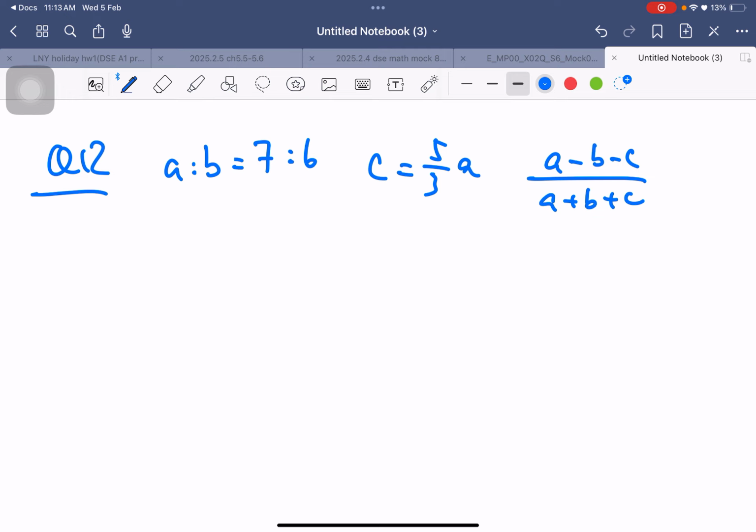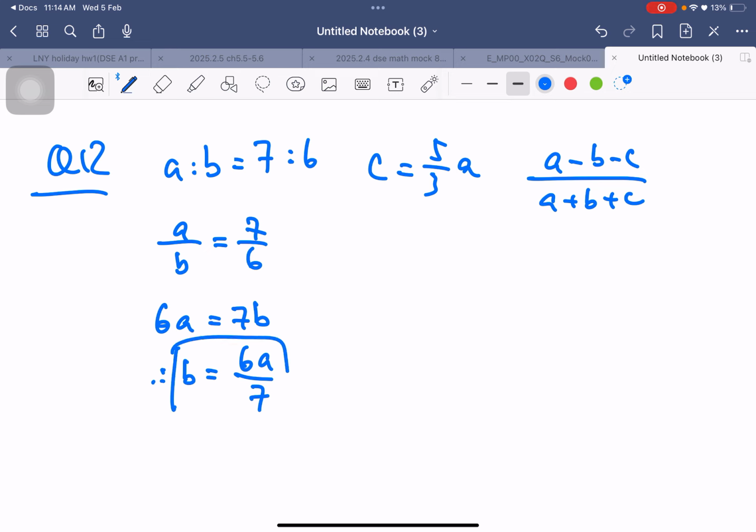So what are you going to do? Make B the subject. So we have A over B is equal to 7 over 6, so we have 6A equal to 7B. Make B the subject, and we have B is equal to 6A over 7, or 6 over 7 A.